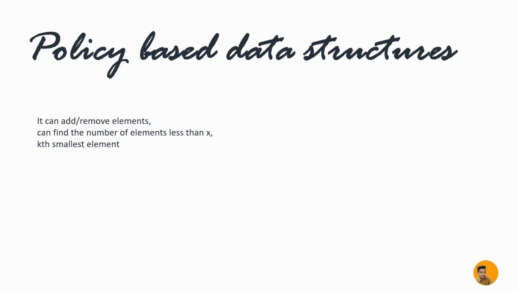We can find the kth smallest element. We can index it like an array. So if you are using a set or any other such data structure, you can index it like an array, and all this happens in log n time complexity, and this is huge. From O of n complexity, we are bringing it to O of log n complexity, and this is huge.